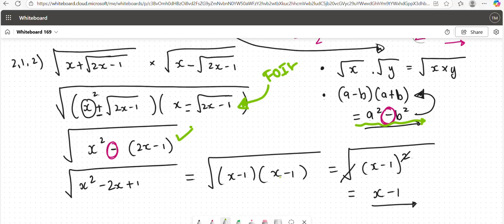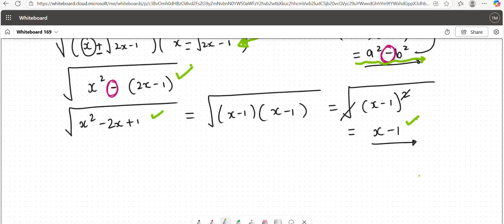If you distribute correctly, it should still take you there. All right, I think I've said enough about that. I'm going to move on to the next one.